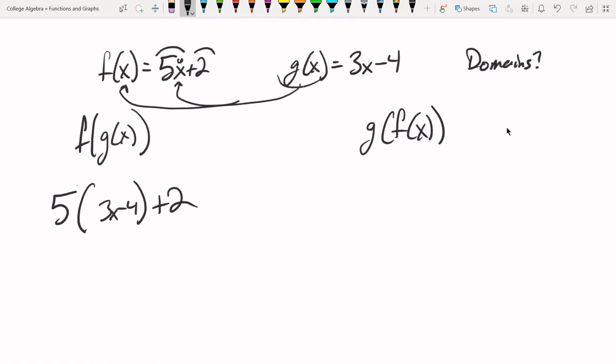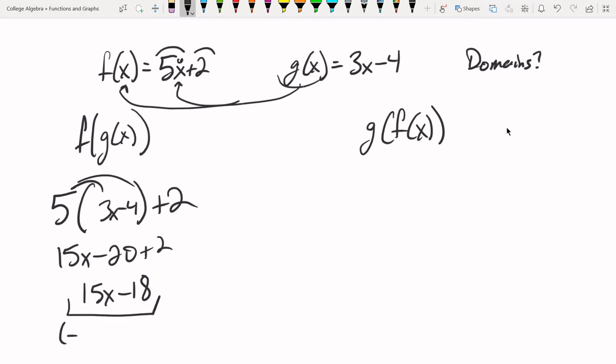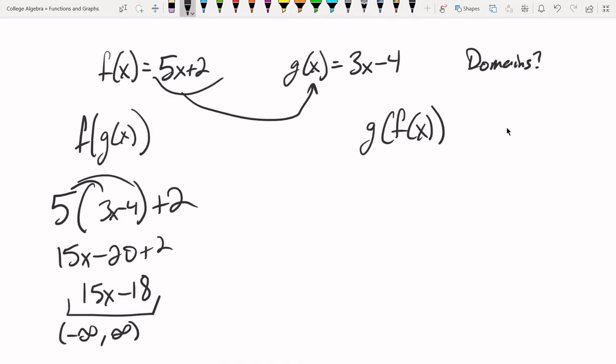And we can simplify. 15x minus 20 plus 2. 15x minus 18. This is a linear function. It has the domain from negative infinity to positive infinity. Okay, g of f of x is where we plug in the other way. I'm going to take this thing, plug it into here, which means plug it right into the x variable.